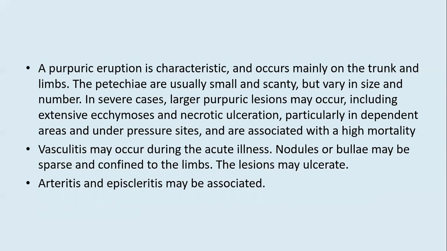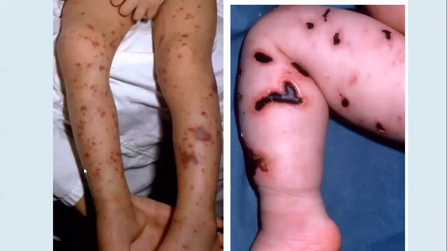Vasculitis may occur during acute illness. Nodules or bullae may be sparse and confined to the limbs. Arthritis and episcleritis may be associated. So these are the papular, then the necrotic lesions of meningococcal septicemia.